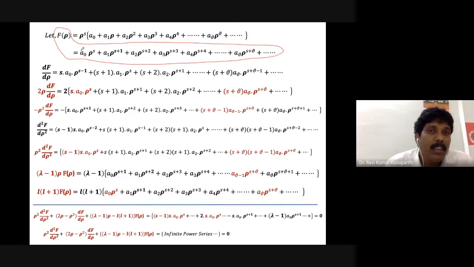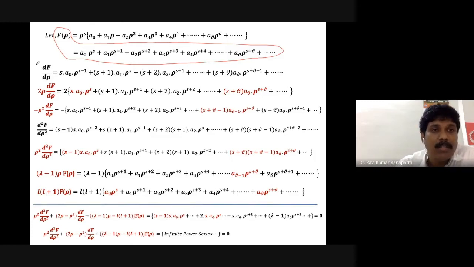Similarly, (2 rho minus rho square) multiplied by df upon d rho has to be calculated. Similarly, the other term, (lambda minus 1) rho times f of rho, is one term. Similarly, L into L plus 1 times f of rho is there. So all these terms have to be evaluated.